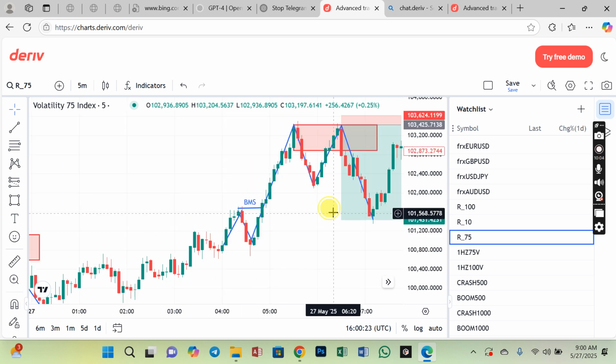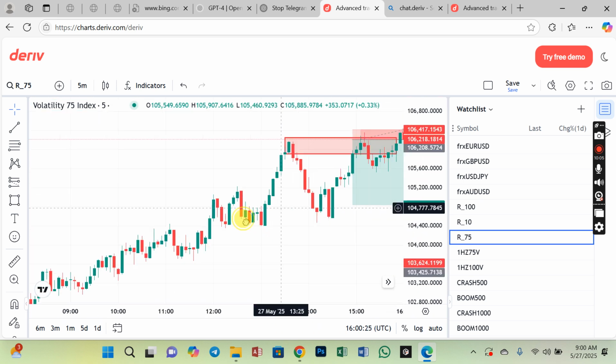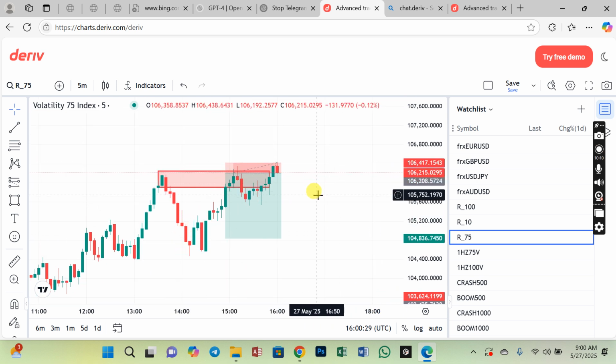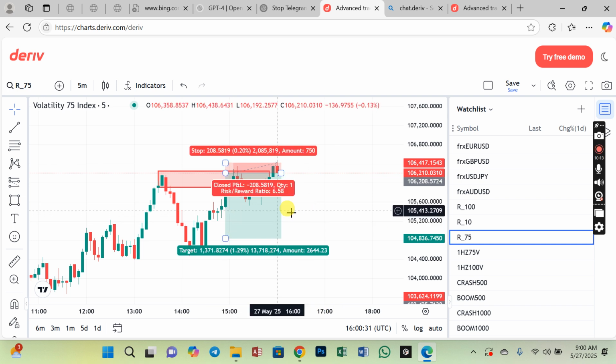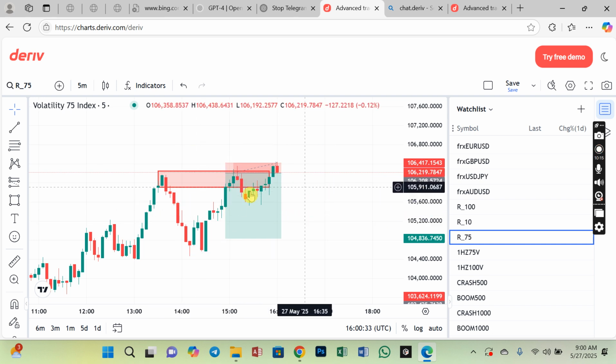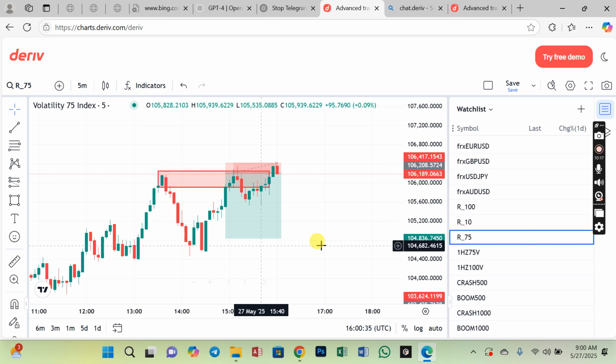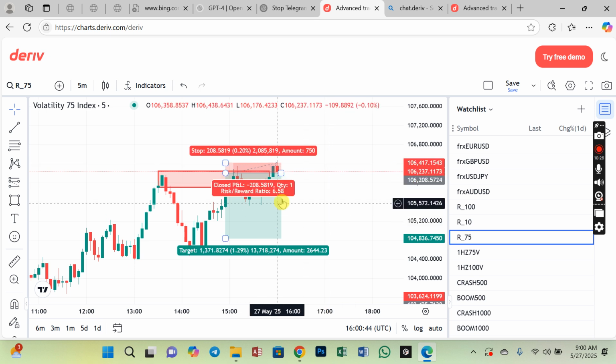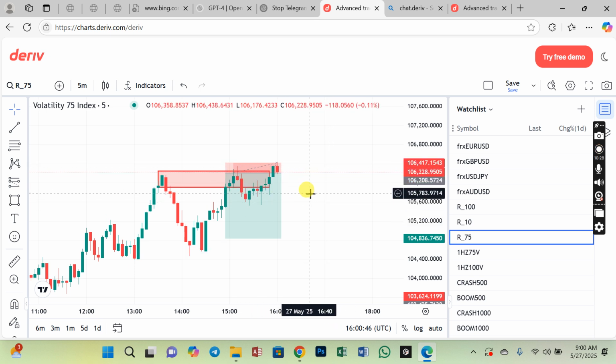Now let's see this other one. All right, you see this one now. I'm not really sure it will play out. From what we are seeing now, it is not playing out. Okay, so order blocks are valid and can be accurate, but sometimes they may not.